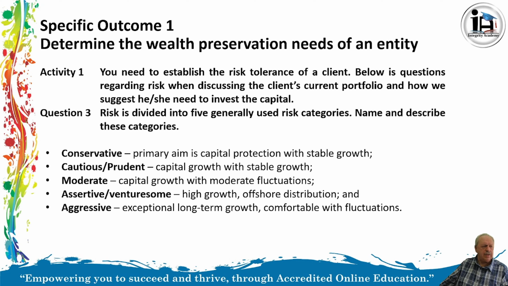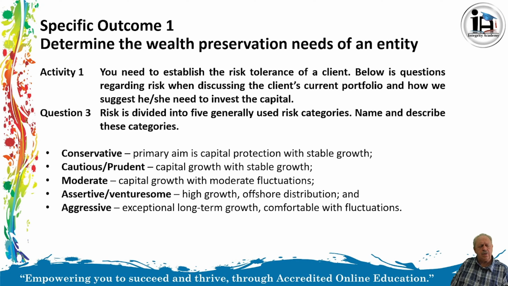Right, if we look at the next question, risk is divided into 5 generally used categories. Name and describe these categories. Now, this is a term for these 5 categories. There are various terms for these, but we are using this one. Conservative, the primary aim being capital protection with stable growth.